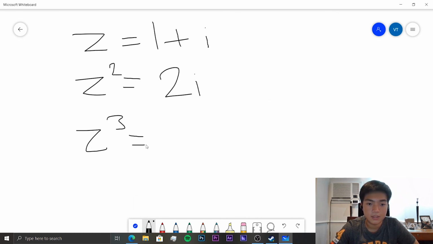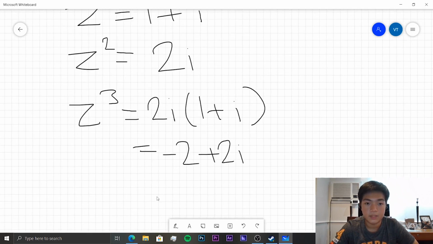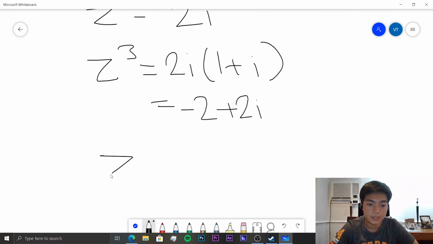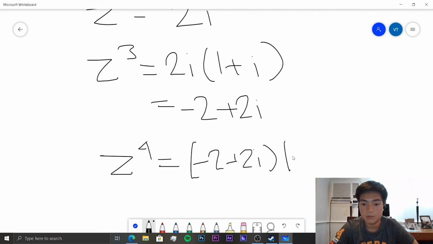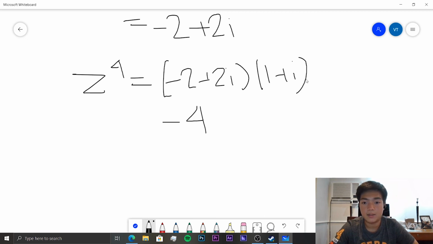z cubed is equal to 2i times 1 plus i, which is equal to negative 2 plus 2i. Yep, and z to the 4 is equal to negative 2 plus 2i times 1 plus i. And this would be equal to negative 2 minus 2 with negative 2i, it would just be equal to negative 4, I believe. So z to the 5.